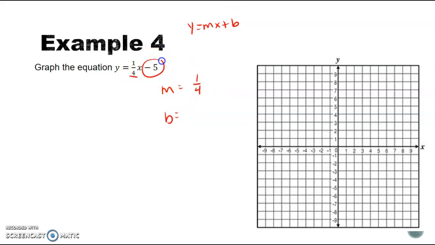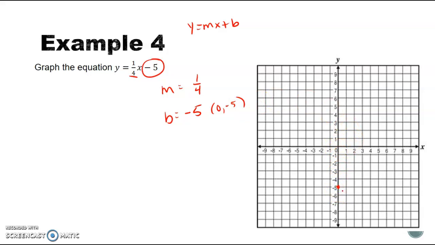My b, in this case, is again negative, a -5. Whatever the sign in front of our b value, that is going to be the sign of our b. All right, so we begin at b. Remember, this is the point 0, -5. I'm not going left or right, I'm just going to go down 5.